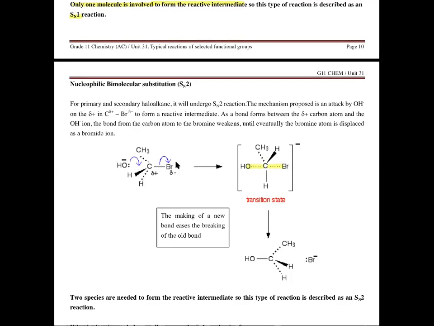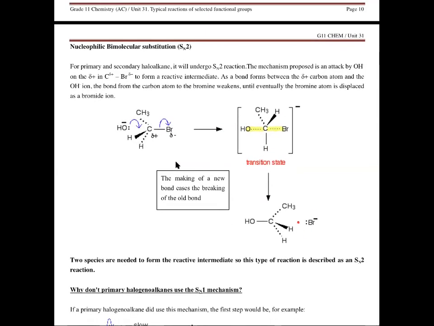The nucleophile attacks the carbon to form this bond, and this newly formed bond between the hydroxyl group and the carbon weakens the bond between carbon and bromine. This transition state is very unstable, so eventually the bromine is going to leave as a bromide ion.